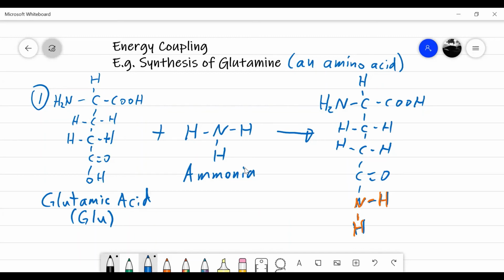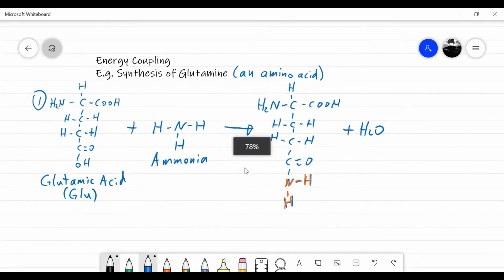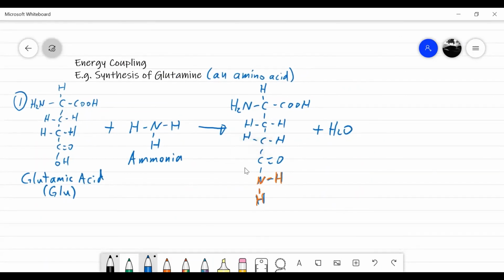And of course, it's not entirely balanced, so I got to add water. Okay, so notice we're missing 2 H's and an O. Okay, I'm just going to shrink this just a little bit. I got one more piece of information to add to this chemical reaction, and that of course is our thermodynamics. So it turns out that the delta G on this reaction is plus 3.4 kilocalories per mole. So now you got to go back to your notes and remember, wait a second, what does that mean?